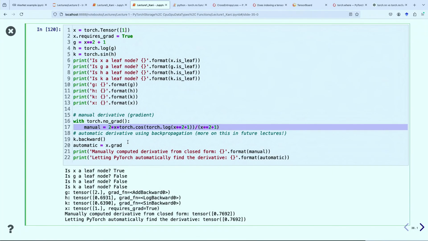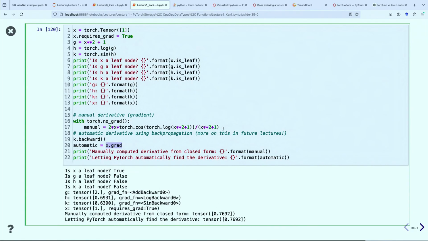Or we could calculate it automatically, which is simply asking for x.grad. And x.grad would be equal to 0.7692.